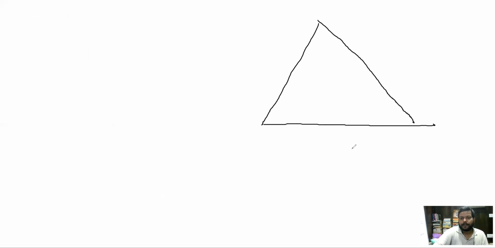So in triangle ABC, let me construct triangle ABC. I know that this angle is 60 degrees, and my point P is somewhere such that PA is equal to 6, PC is equal to 10, and PB is equal to, I think, 7, right?